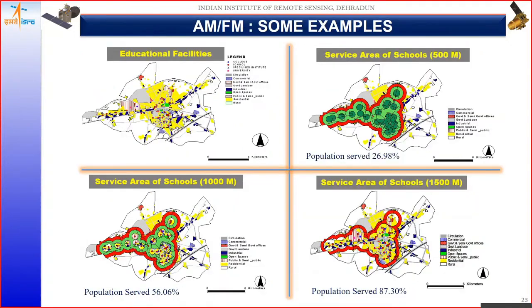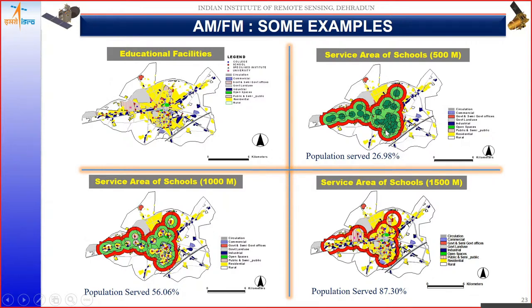Let me take you through some examples. In a typical area, we can map the educational facilities. Based on norms or variables, suppose for each school location the children should not walk more than 500 meters. What will be the beneficiary area?